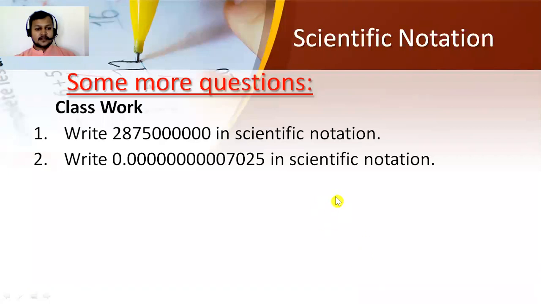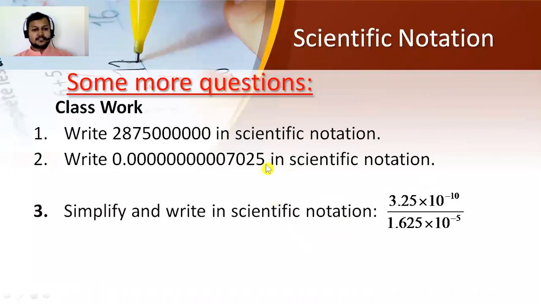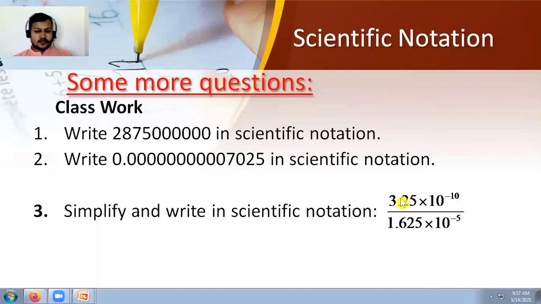Okay, all of you look at the next, third question. Do it in your copy fast. So what do you have to do in the solution? We did a similar question previously also. Divide 3.25 by 1.625, and 10 to the power minus 5 goes up and becomes plus. 10 to the power minus 5 is added to the power in the numerator, because the denominator's power goes up and becomes plus.